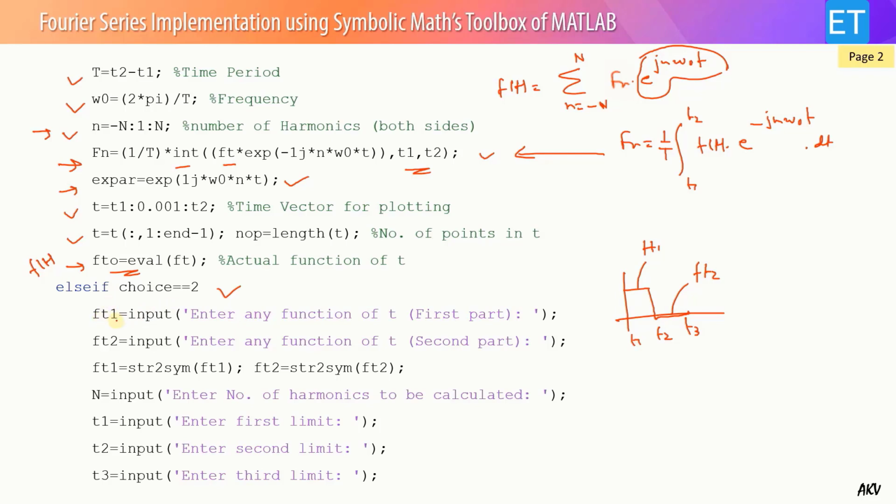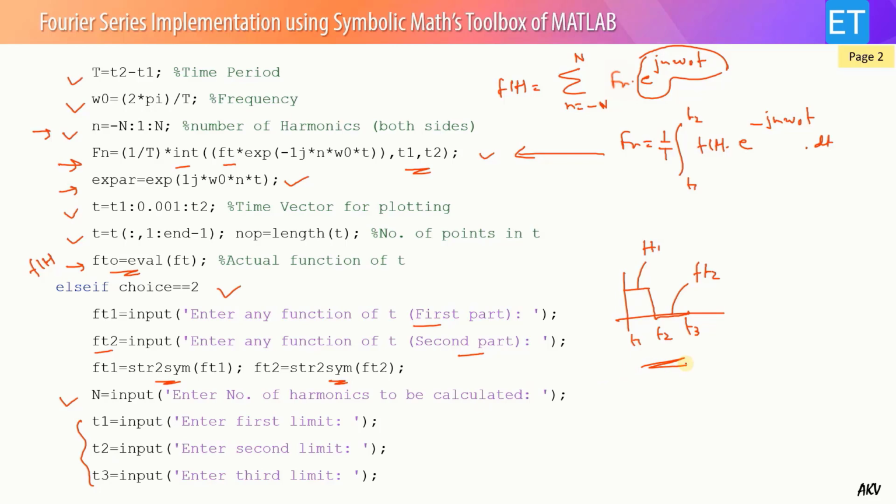So here ft1, that means input the first part of your function, ft2, that is input second part of your function. And then converting these functions, which are in form of string, into the symbolic expressions. Then getting the number of harmonics to be calculated, and all these three limits t1, t2, t3 like this.